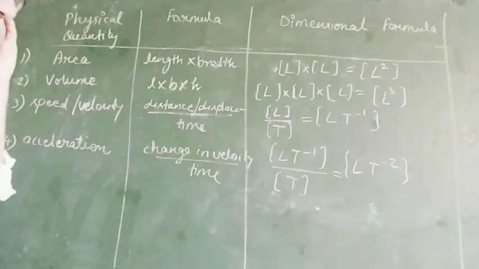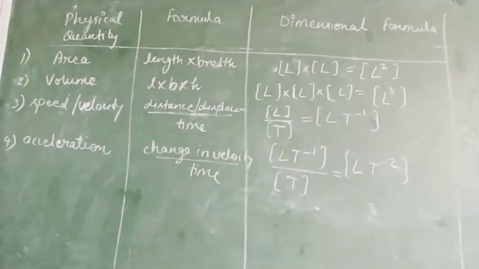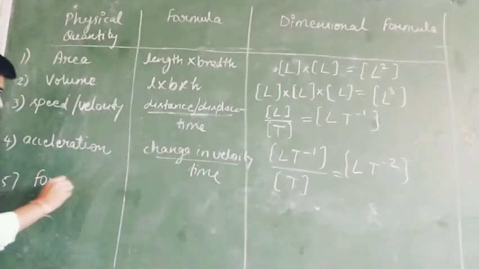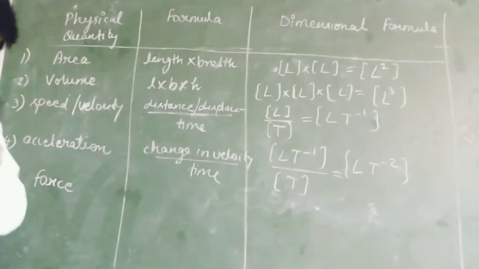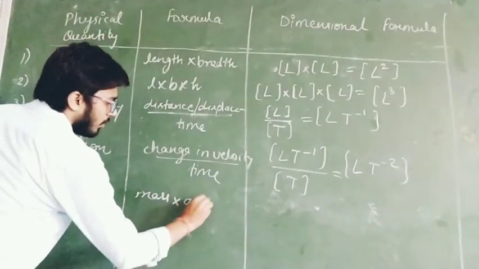Now let's go on to some standard quantities like force. Fifth is force. We know the formula for force is F is equal to ma, that means mass into acceleration.